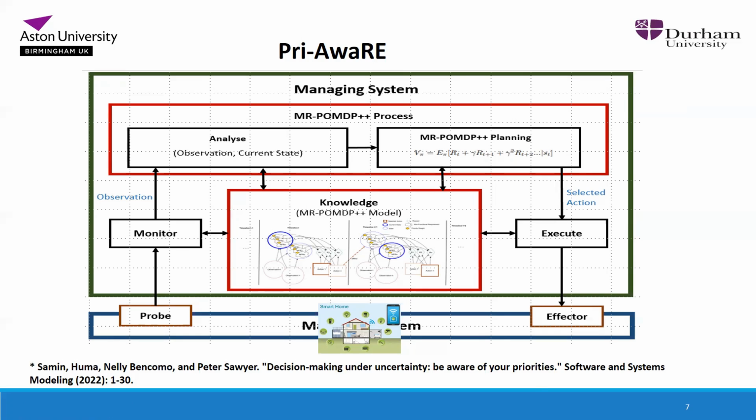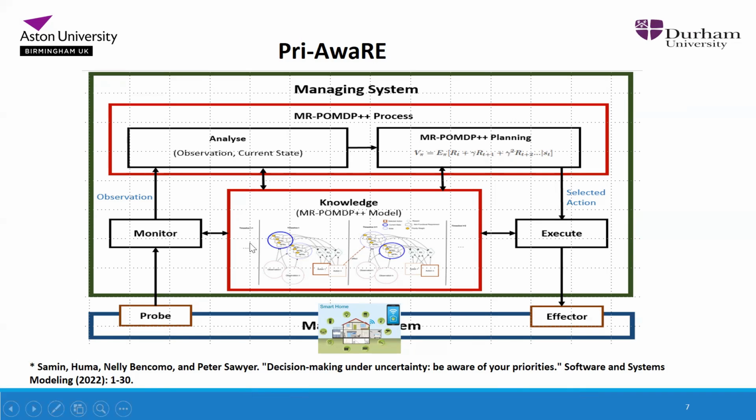That adaptation action, in the form of tuning of the network link parameters, can be applied on this managed system, that is, the Internet of Things network in this case.